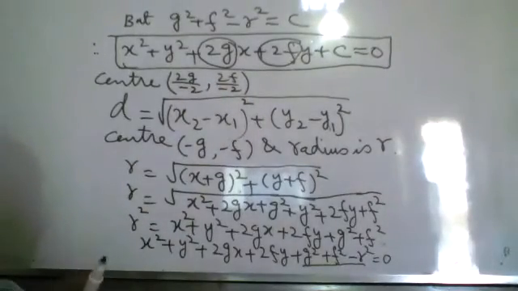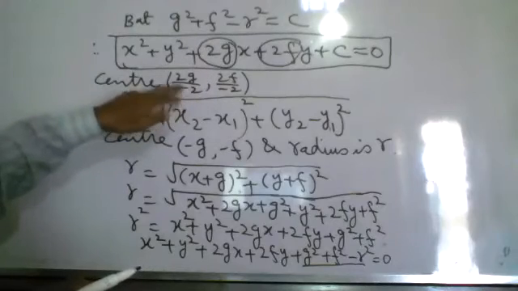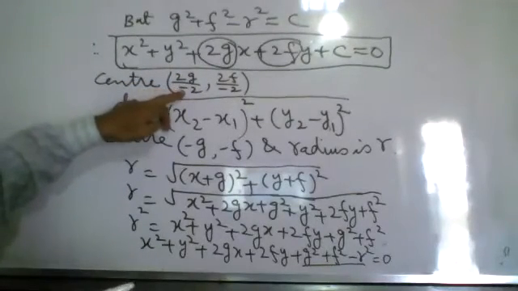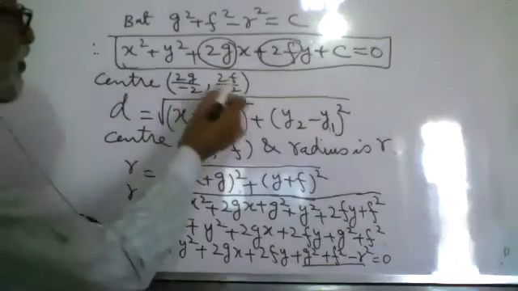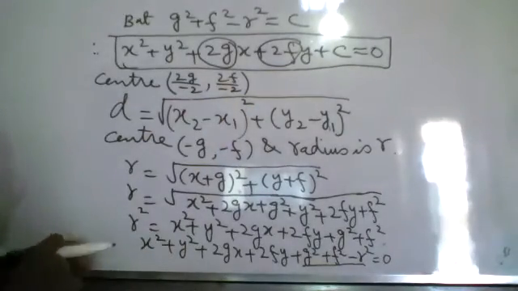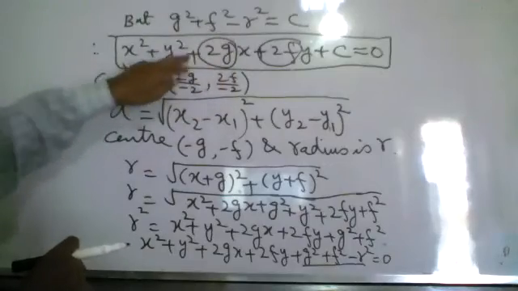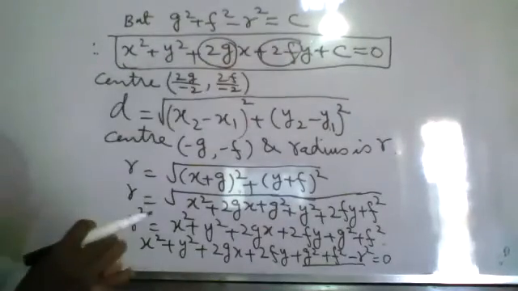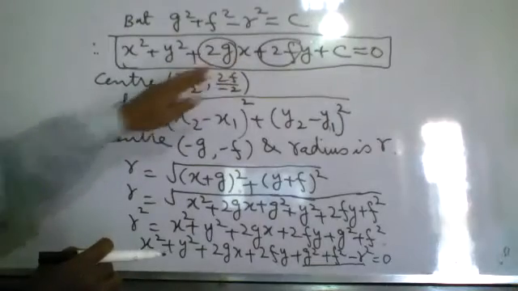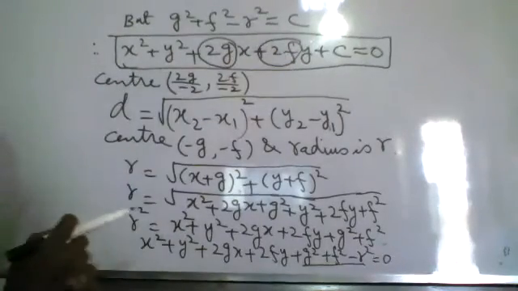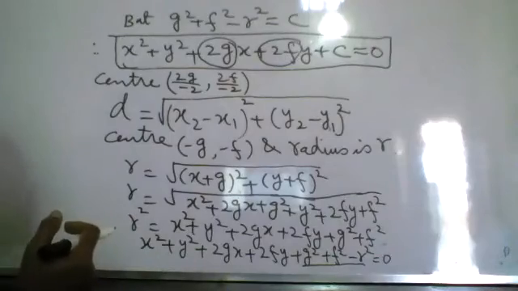In this way, we will find the coordinates of the center. 2g divided by minus 2, 2 is cancelled by 2, it will become minus g. In the same way, it will become minus f. If x is not there, we will take 0 upon minus 2. If y is not there, we will take 0 upon minus 2. The answer will be 0, 0.